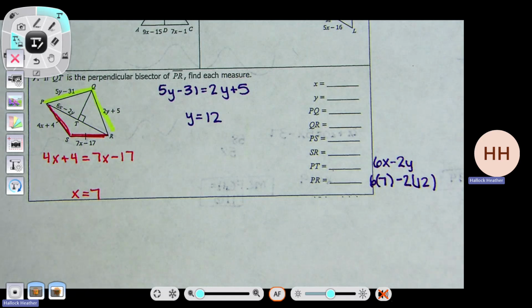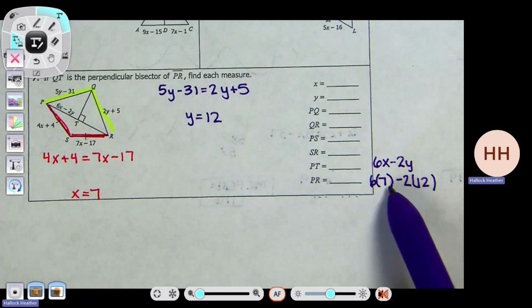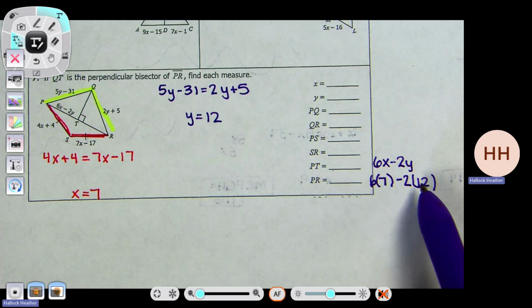Times 12. What is it? Not 480. I think you multiplied it all together. 6 times 7 minus 2 times 12. You know what, dude?